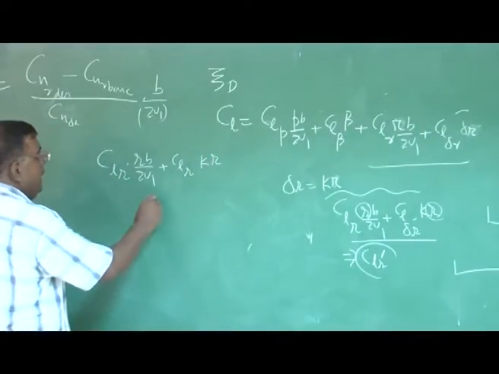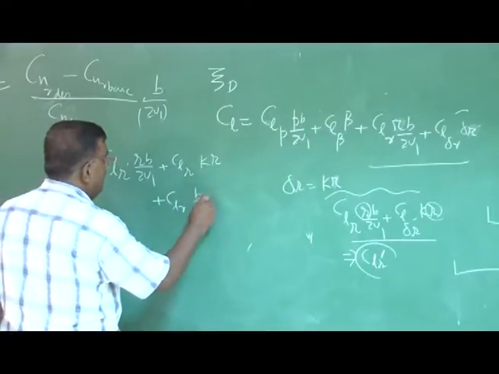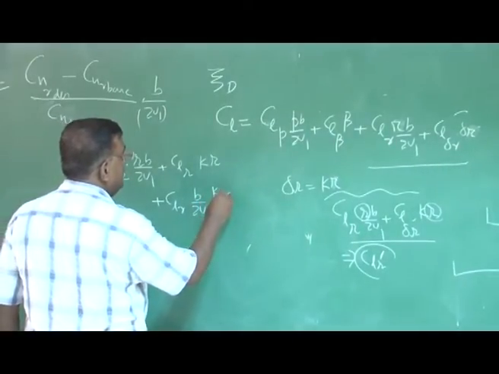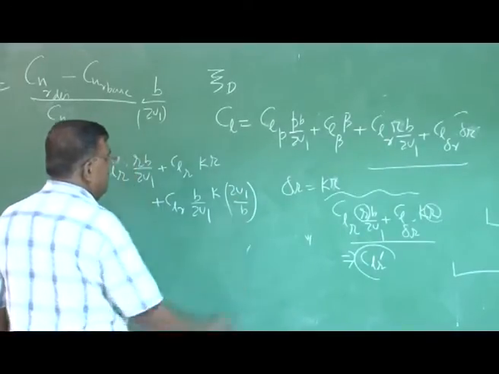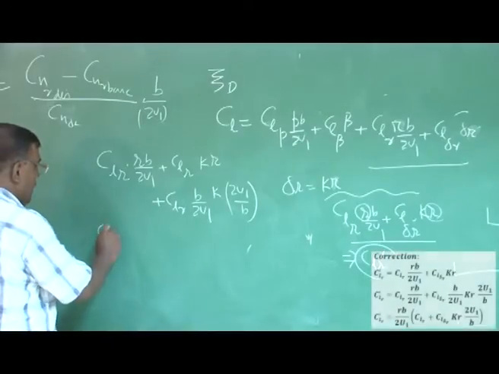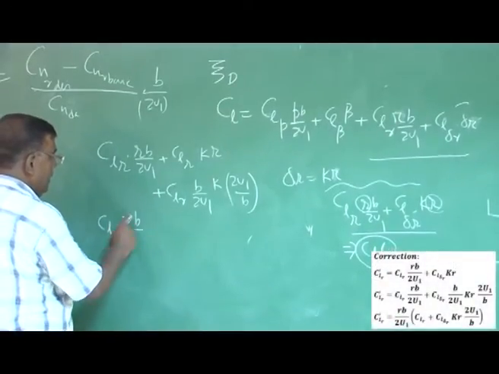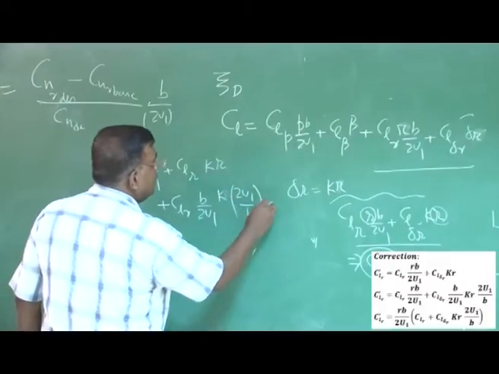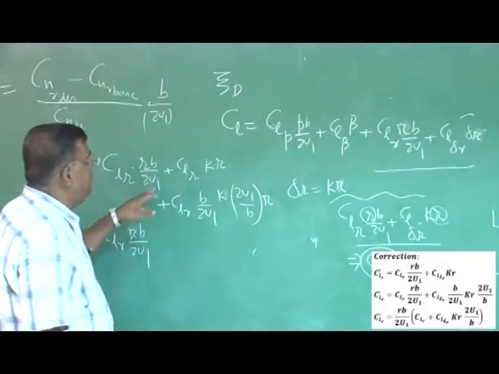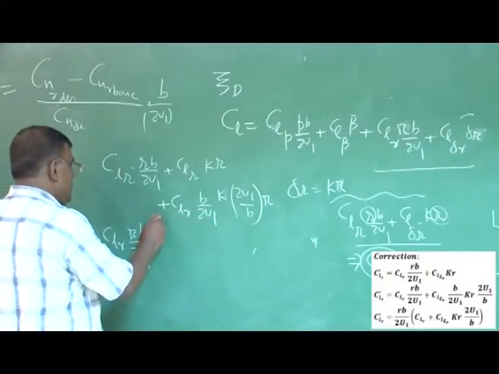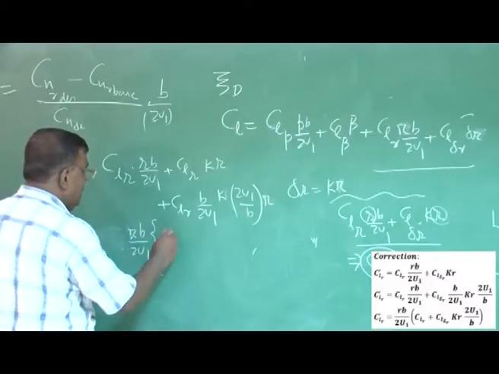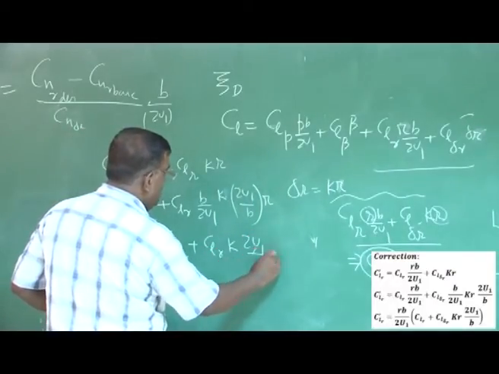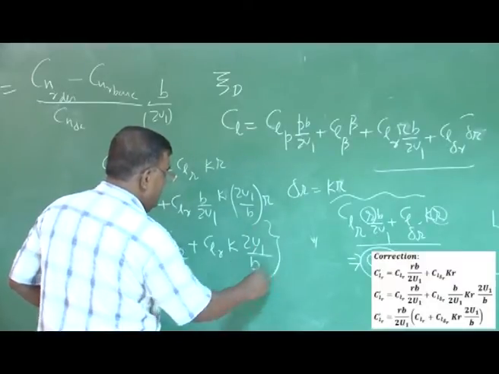And then I write this as CLR into B by 2U1 and K. If I take RB by 2U1 from here and here, I have RB by 2U1 as common, and I say CLR plus CL delta R K into 2U1 by B, right?